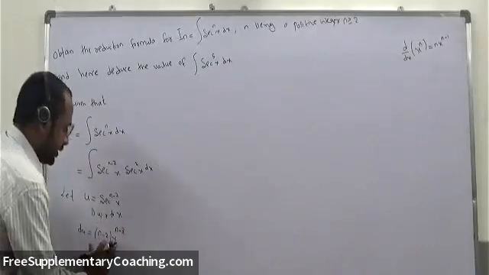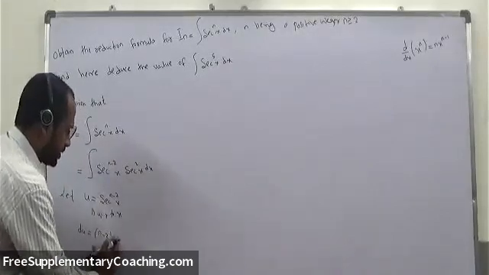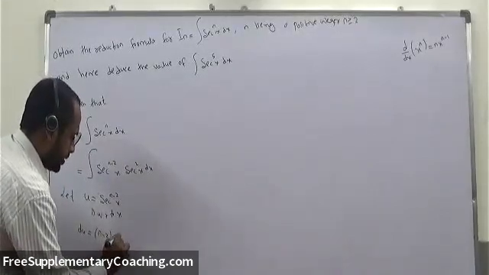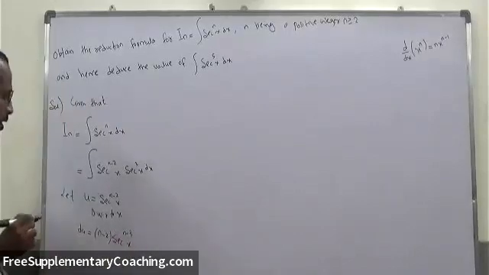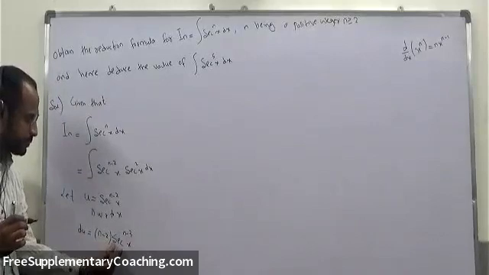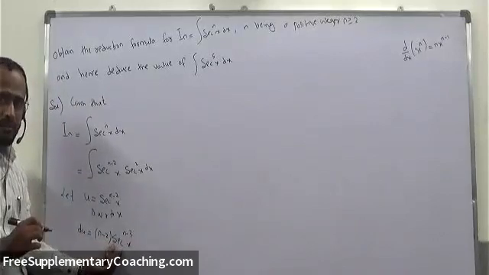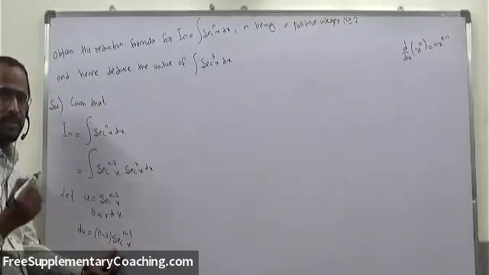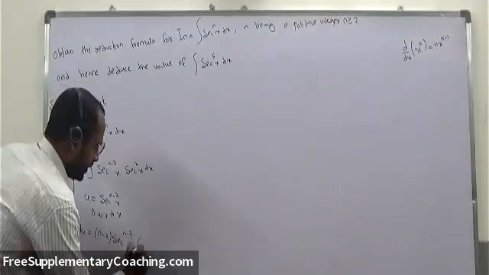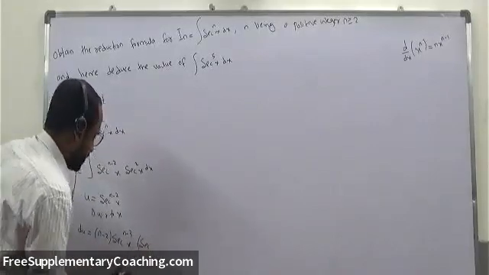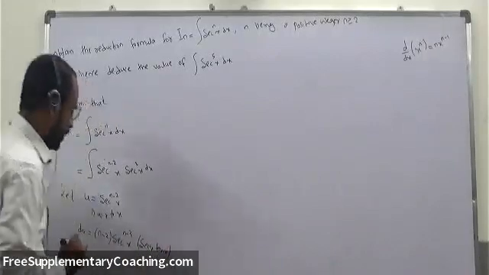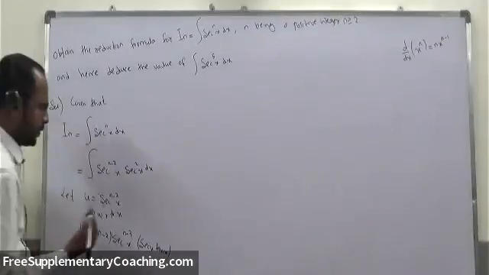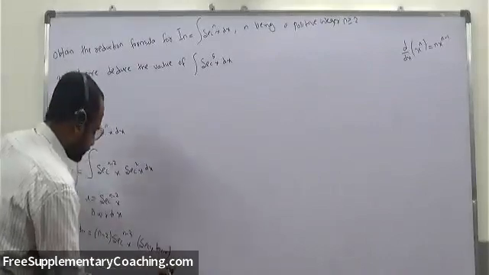Here x is nothing but secant, so secant power n minus 3 x. The inner derivative: d by dx of secant x is secant x into tan x, into dx if you want.